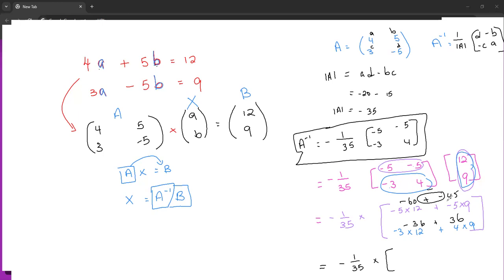Right? So this becomes, once you have two different signs, you add and keep the sign. So negative 105. And then this one here becomes negative 36 plus 36, that will be 0.